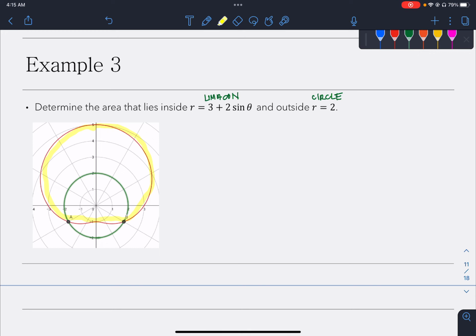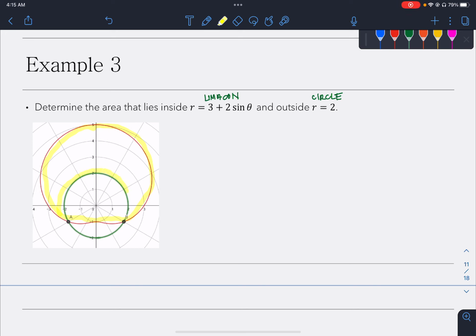However, we have a limiting condition here that it should be outside the circle. So it is inside the limacon, but outside the circle. The circle is the green one, and the limacon is the red one.